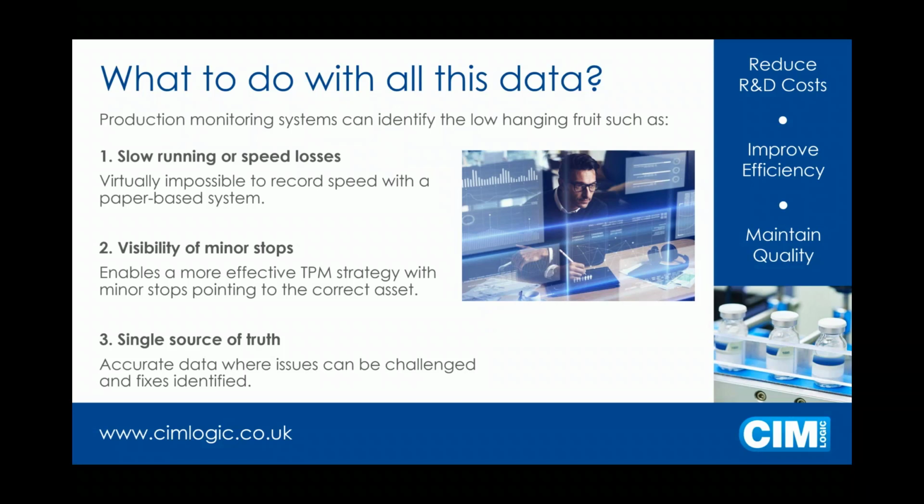However, when you accumulate all the elements of the micro stops, it might actually look, I'll use an example, like the palletizer is the one piece of equipment that over a day has actually caused the most headaches, the most minor stops. And therefore, if we were to look at it from a TPM, total preventative maintenance strategy, we would look at targeting perhaps the palletizer rather than the blister pack machine.